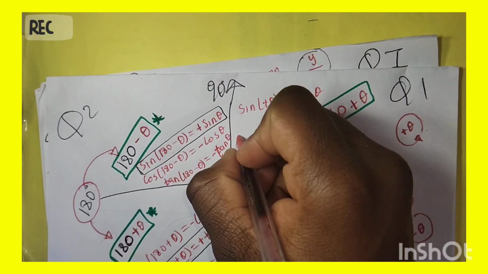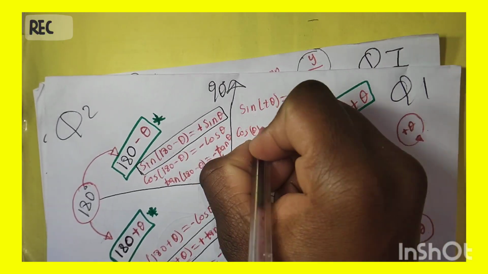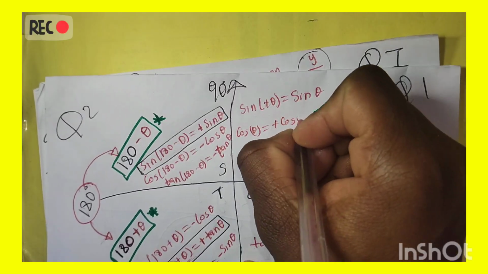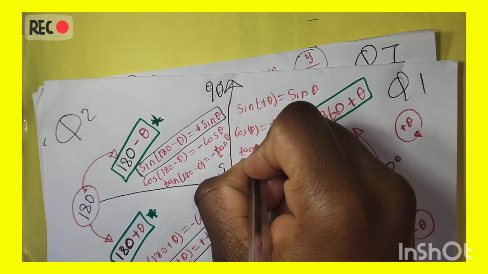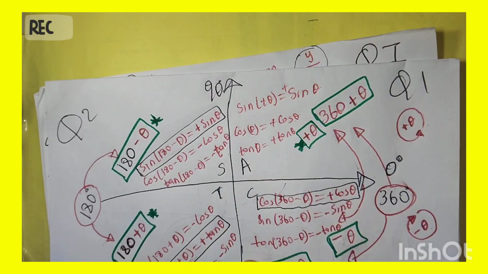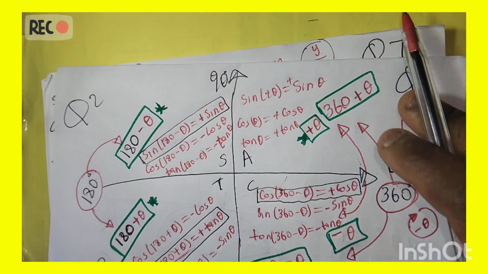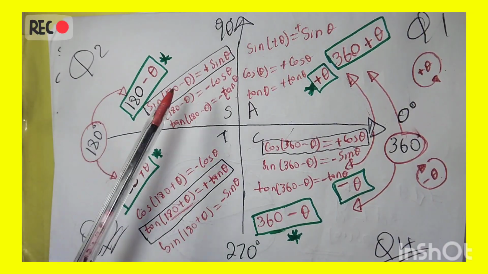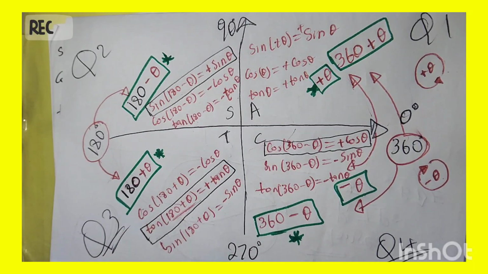Even here, if you see cos theta, it's still positive cos theta, and positive tan theta. But the only thing that I need you to understand are these ones. Let me do a small summary before I switch off my theta machine.